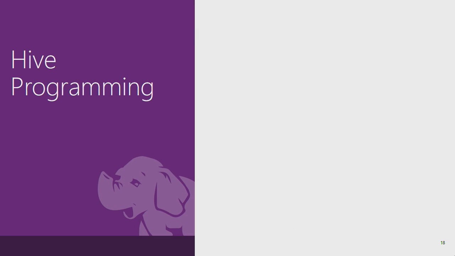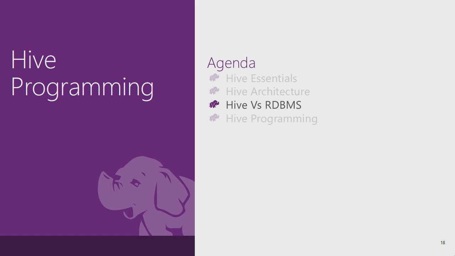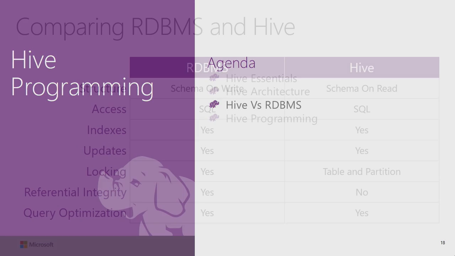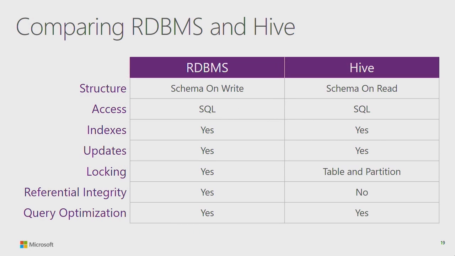Okay, great. So now let's focus on the next section: how does Hive compare to relational databases? If you look at relational databases and Hive, they're pretty similar, but there are some differences. I think the primary difference is around this first one, which is structure.